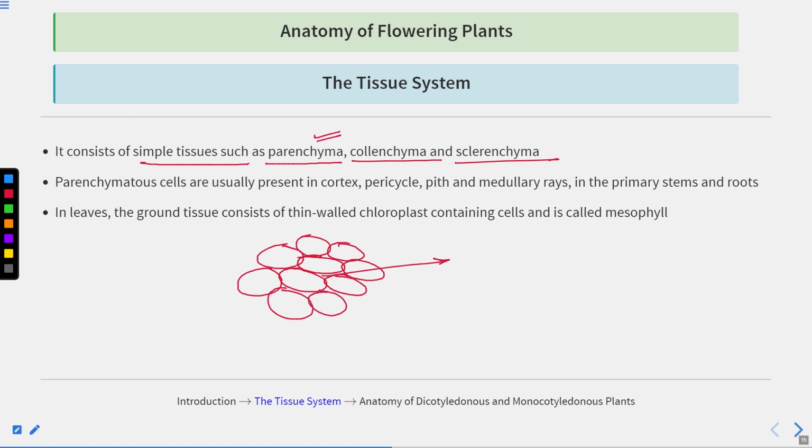Here you can see the intercellular spaces. They are basically meant for storage, but sometimes they contain chloroplasts, so they also carry out photosynthesis, and at that time these parenchyma cells are called chlorenchyma.